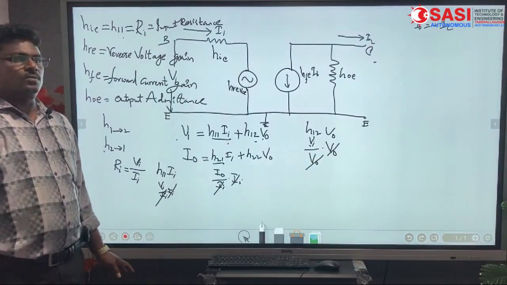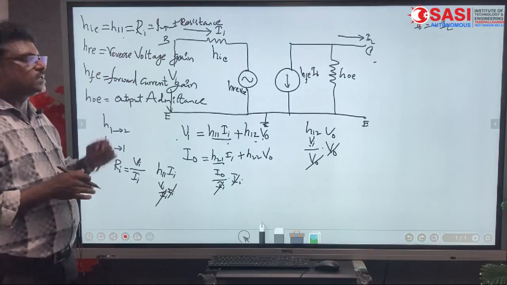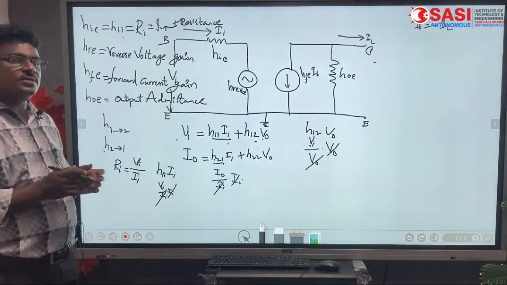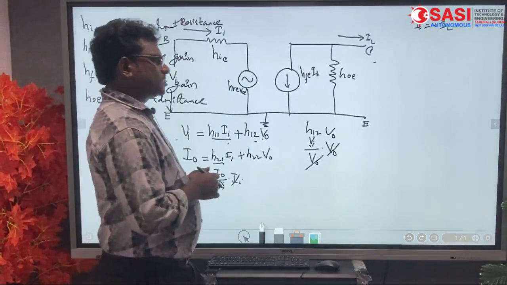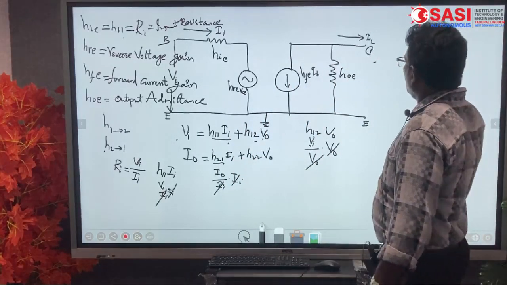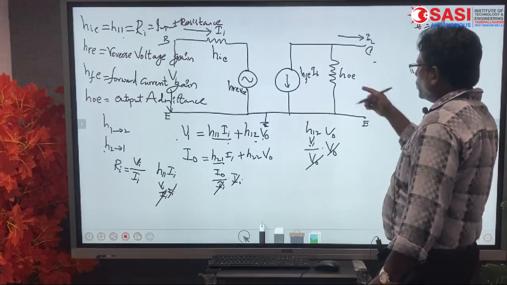In any network, the input impedance is called resistance. Output admittance, here admittance means reverse resistance, 1 by R naught, output resistance.